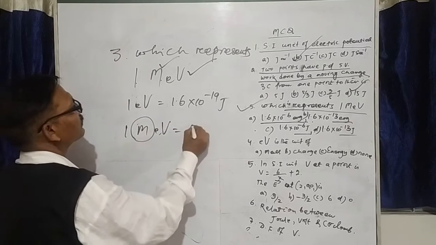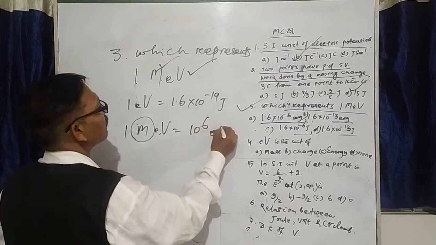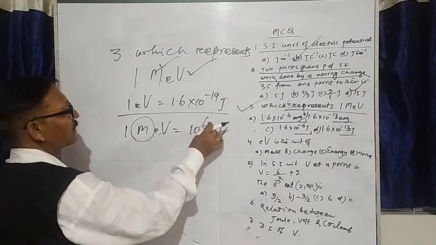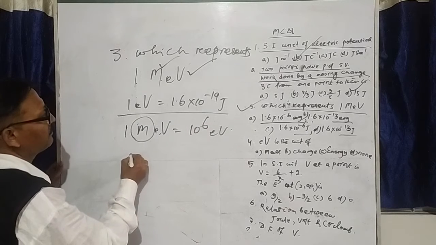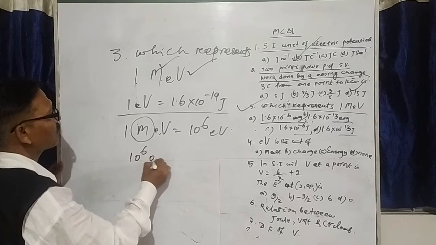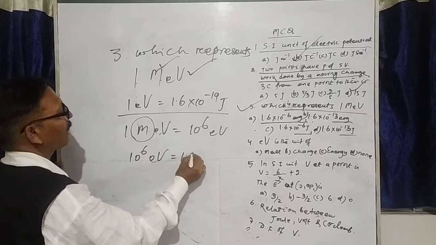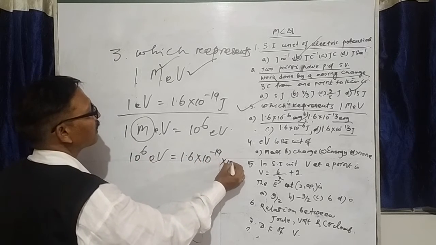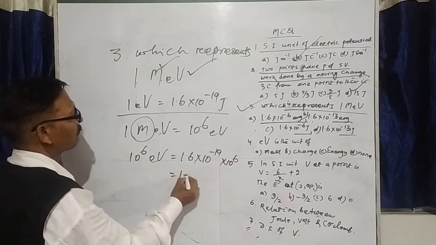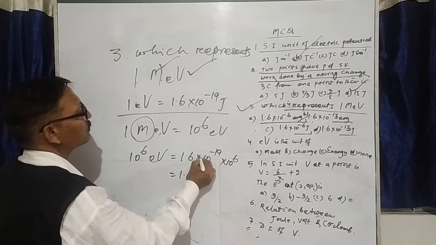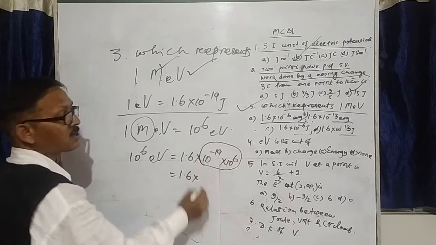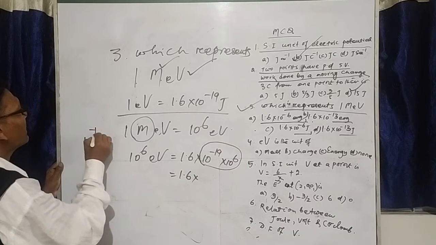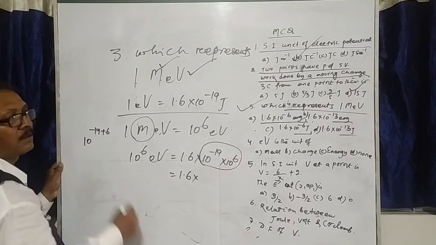Mega means 10 to the power 6 electron volt. So 1 electron volt is equal to 1.6 into 10 to the power minus 19 joule. So 1 mega electron volt is equal to 1.6 into 10 to the power minus 19 into 10 to the power 6, which is 1.6 into 10 to the power minus 19 plus 6.